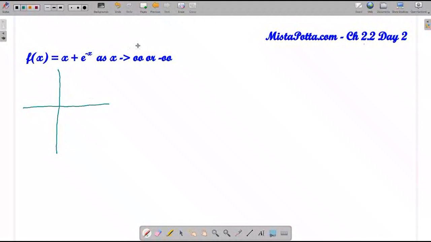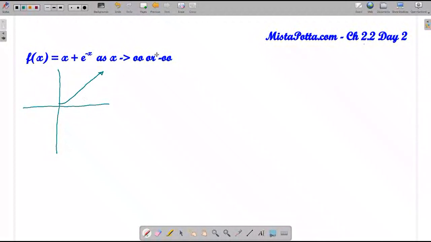One is as x approaches infinity, this term tends to be very, very small, almost 0. And so this really is my dominant term. So for values over here, I notice that this starts approaching a linear curve.